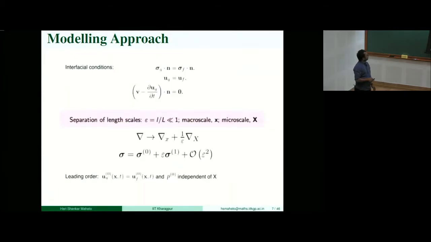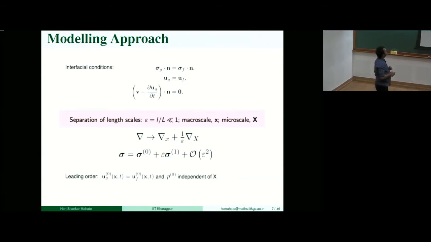And on the boundary, we assume that the stresses are continuous. So the Cauchy stress tensor at the interfaces, the stress tensor for the fiber part and the stress tensor for the hydrogel part, are continuous. This is a standard assumption that we make. And the displacements are also assumed to be continuous.